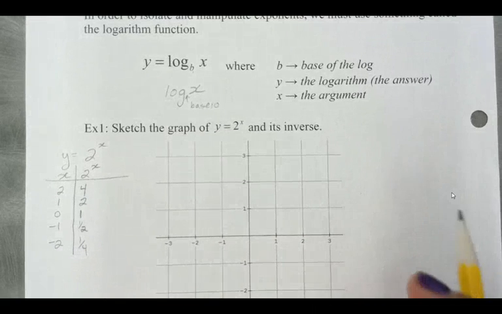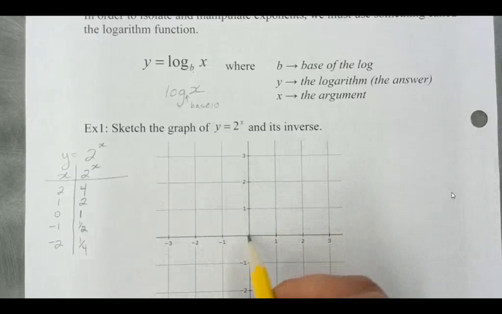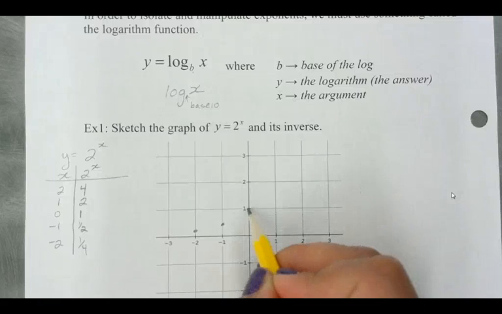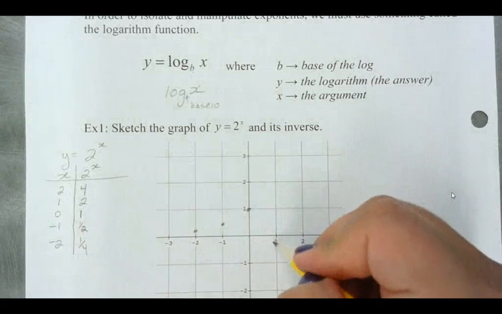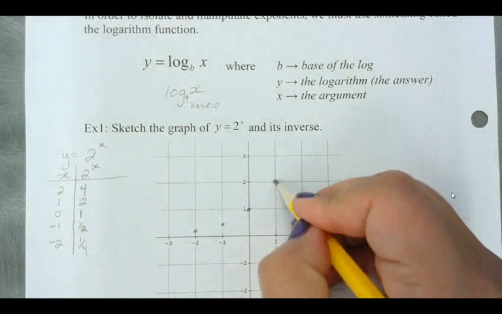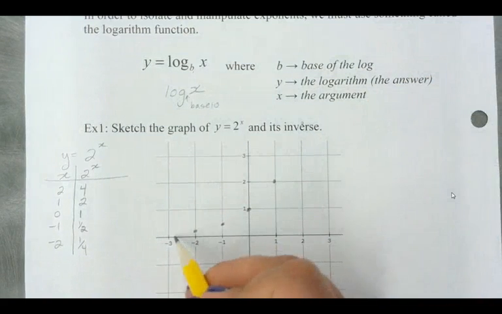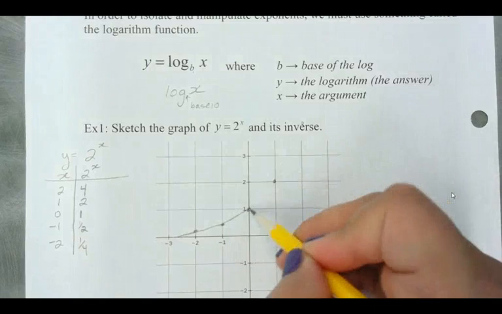So we graph that, and at -2 we get 1/4. Let's say that's here. At -1, we get 1/2. That's there. At 0, we get 1. That's here. At 1, we get 2, and at 2 we get 4, which is off the graph, but you get the idea of what's happening here.